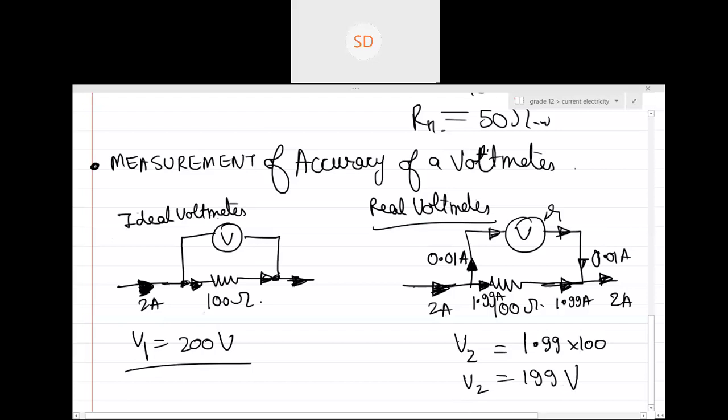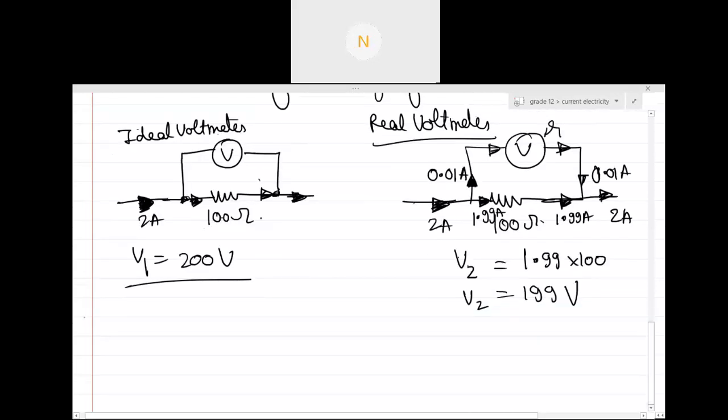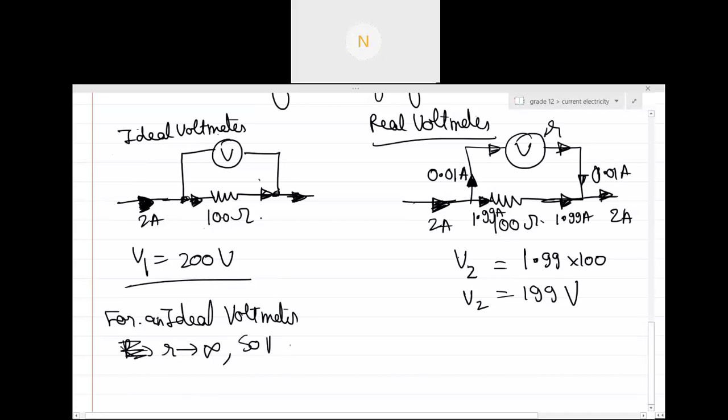So in this case, for a real voltmeter versus an ideal voltmeter, write it down. For an ideal voltmeter, the resistance of the voltmeter is infinity. Internal resistance is infinity. So no current flows here.